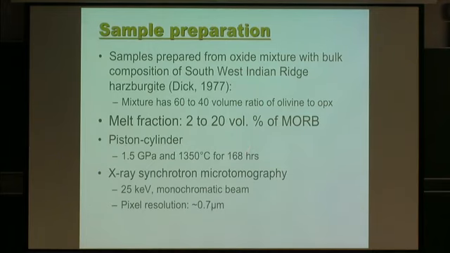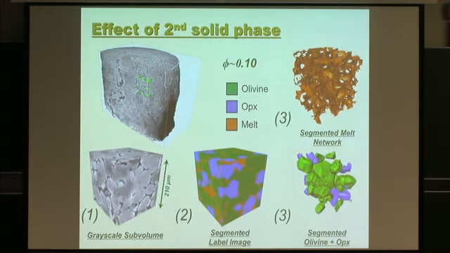Then we did the X-ray tomography with the same resolution, and this is what we get. Now the challenge is that not only do you have to separate the melt phase from the solid phase, you also need to separate the olivine from the OPX. Olivine to OPX is even more challenging, and we were very lucky to work with beamline scientists who are continuously trying to push the boundary.